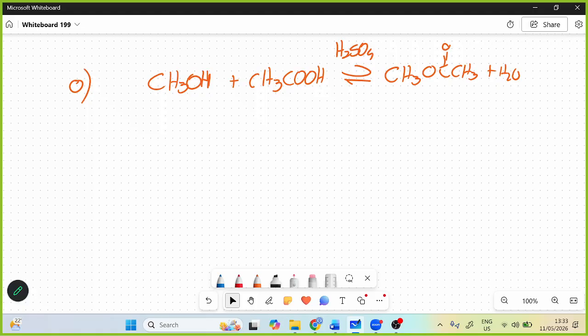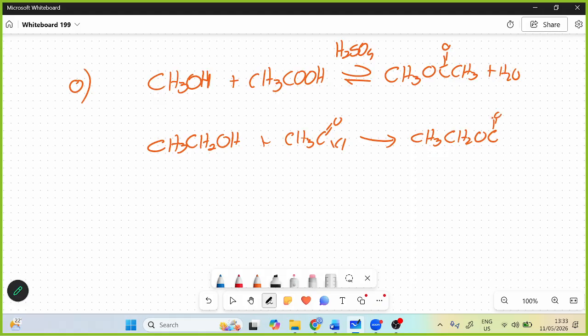The second one, it's ethanol with ethanoyl chloride. This reaction is not in equilibrium, and therefore you can very easily do this.